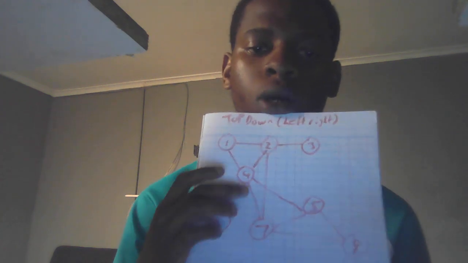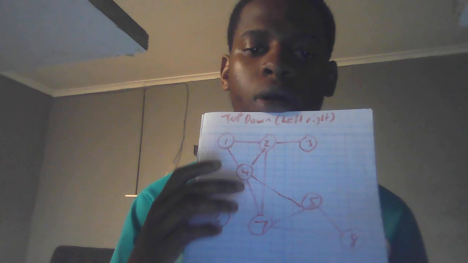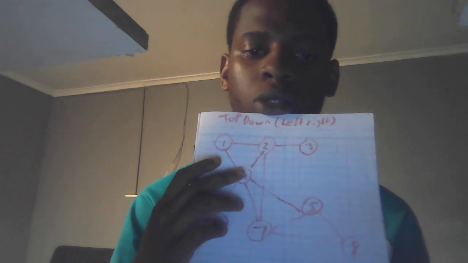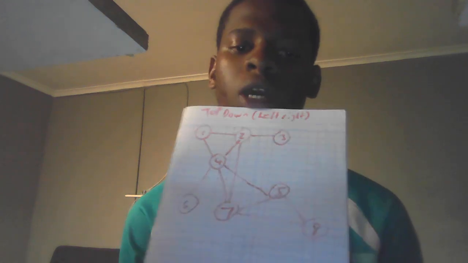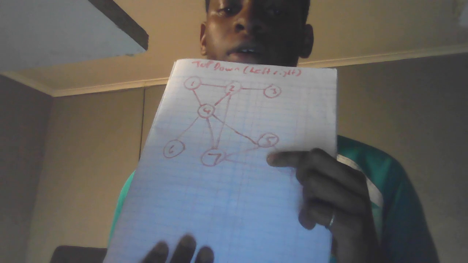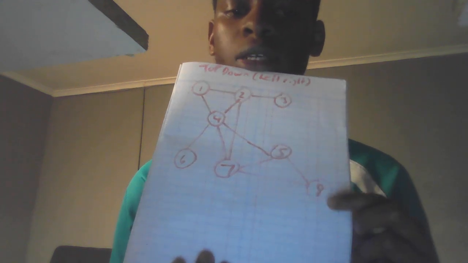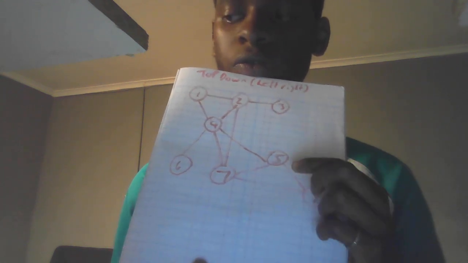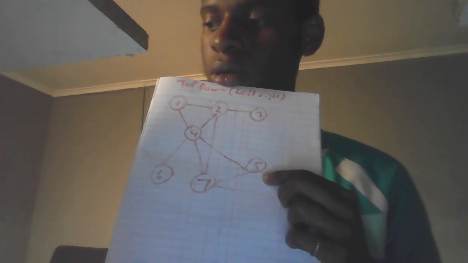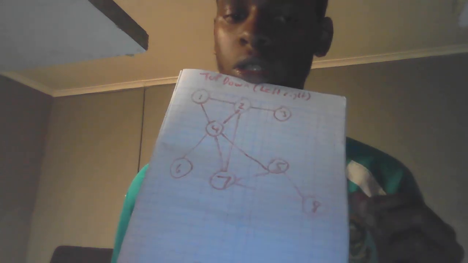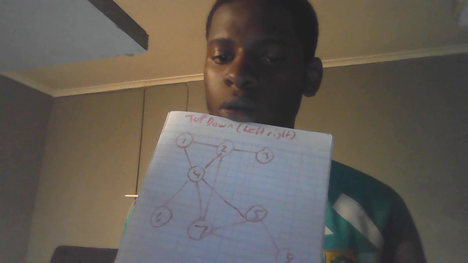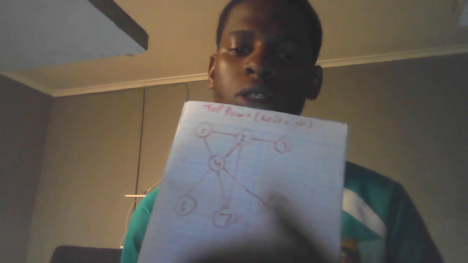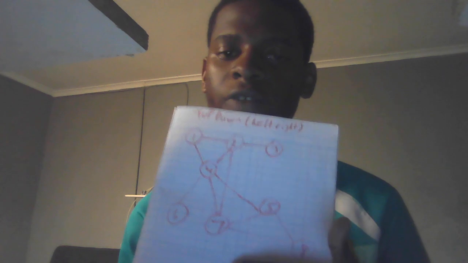Here 3 doesn't have a connection. 4 has a connection to 7, then 4 has a connection to 6. We move again. Here 5 has a connection with 8. Then 5 has a connection with 7. The ones at the bottom don't have any connection.